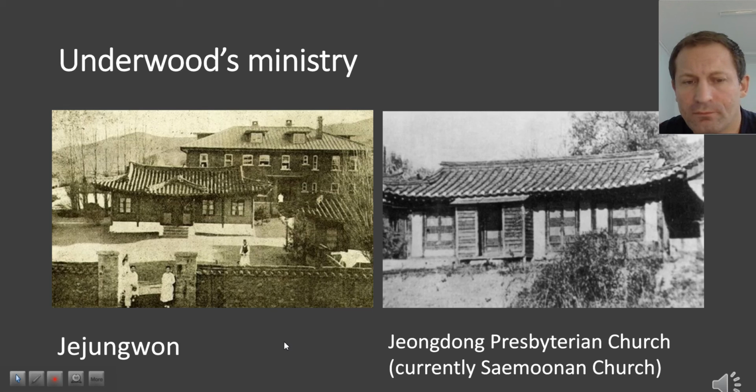Underwood played the role of a medical missionary and educational missionary and established the Jongdong Presbyterian Church, currently Saemunan Church, to serve as an evangelical missionary. Underwood and other missionaries who visited Korea in the early days established hospitals, modern schools, and churches, which played a crucial role in the transformation and development of modern society.